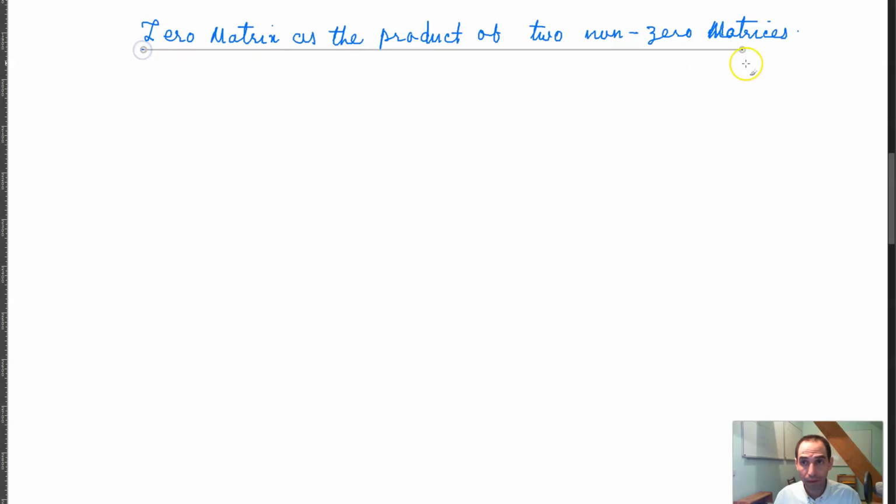So that means that when you have two non-zero matrices and when you multiply them, then you will get a zero matrix as a result of that. Let's see what that is.